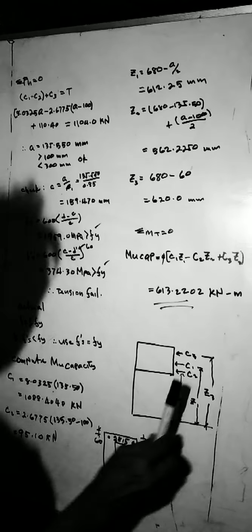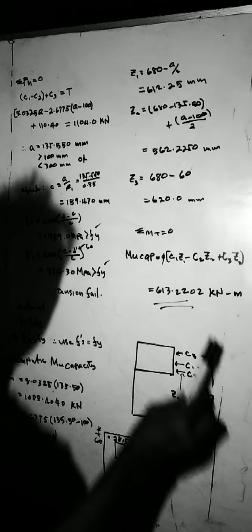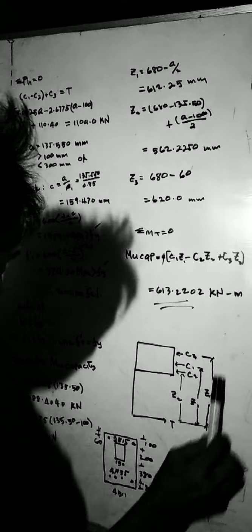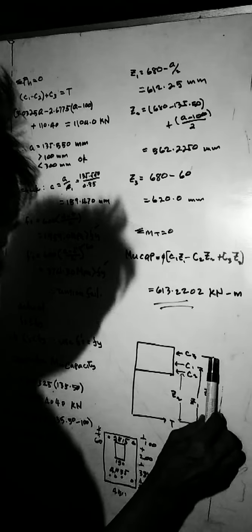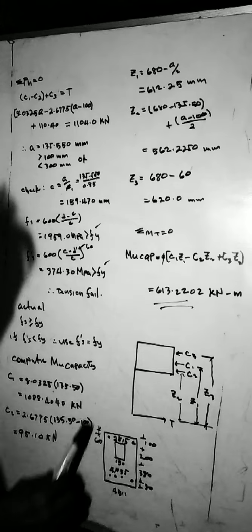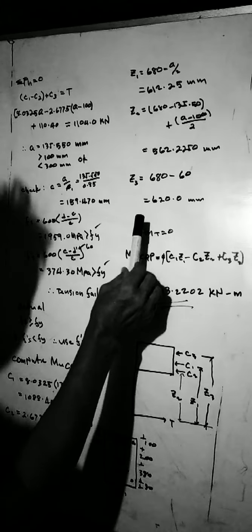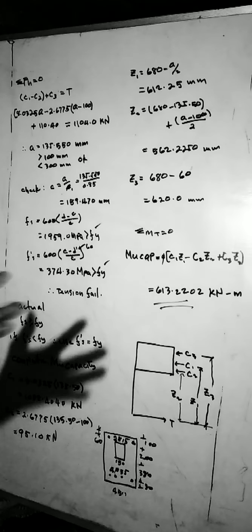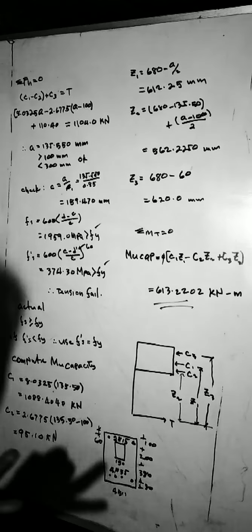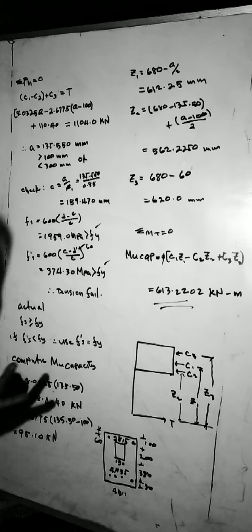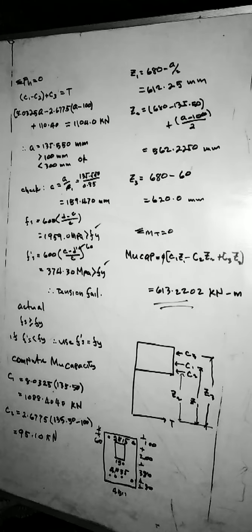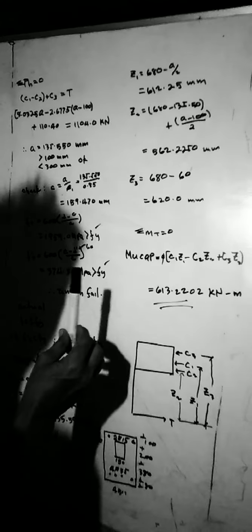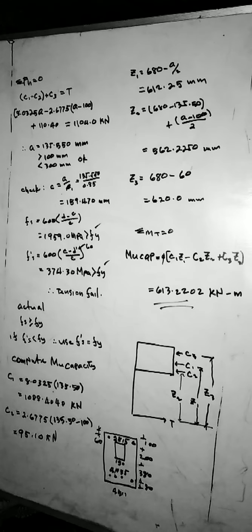And for Z3, this is 680 minus 60. This 60 gives 620.0 millimeter. Okay, we now have the values of C1, C2, C3, and the T, as well as the values of Z1, Z2, Z3.